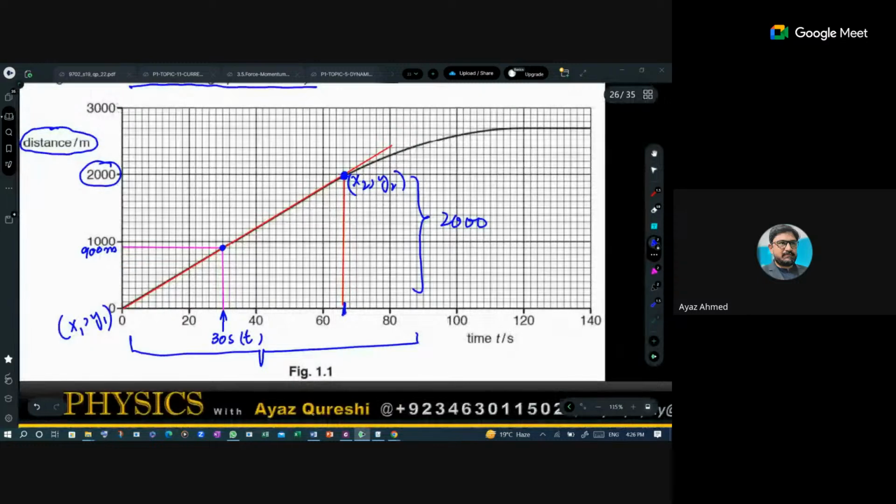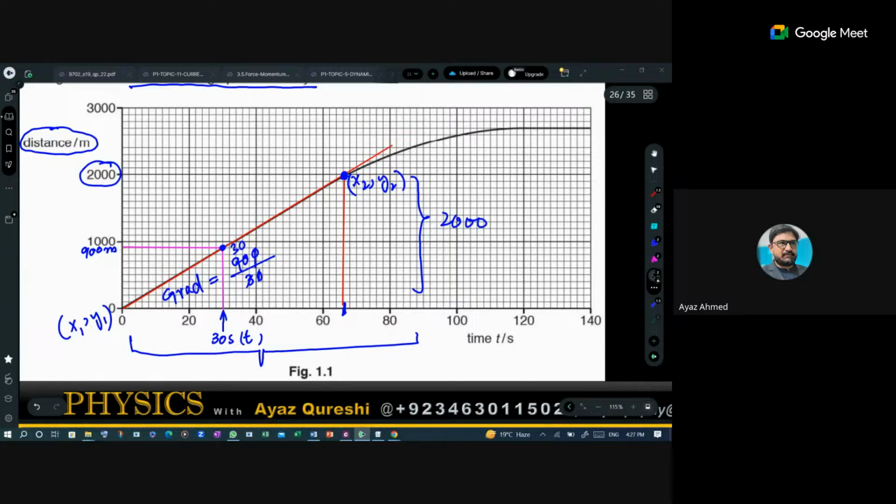The gradient of the area I selected here is 900 divided by 30. So 900 divided by 30 would be 30, right?